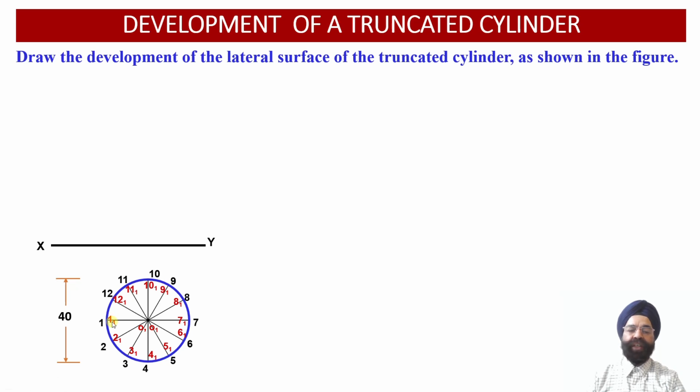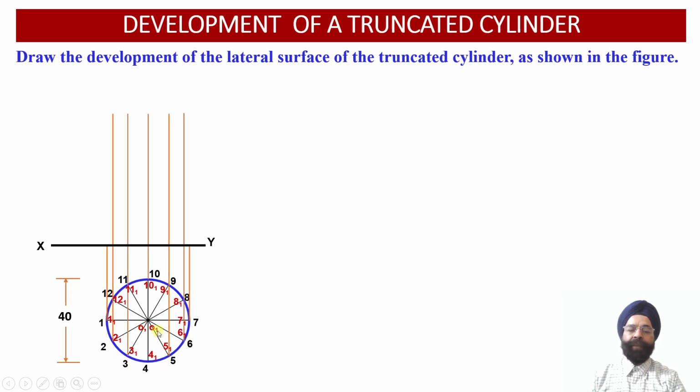And the axis points O and O1 have been marked in the top view. Point O corresponds to the axis point of the top face of the cylinder, while point O1 represents the axis point at the base of this cylinder.